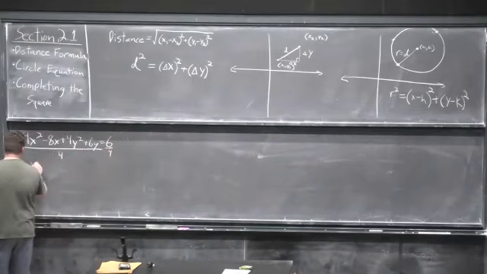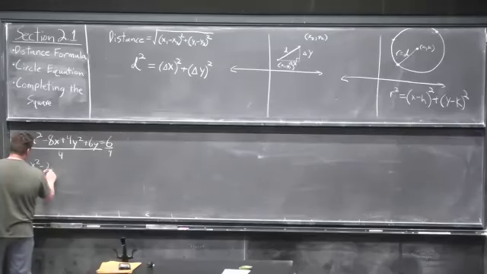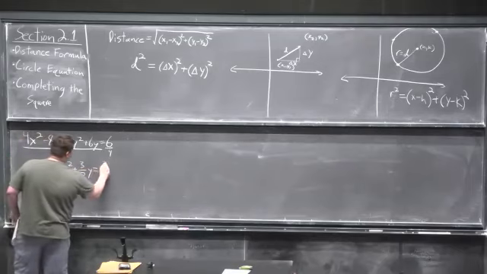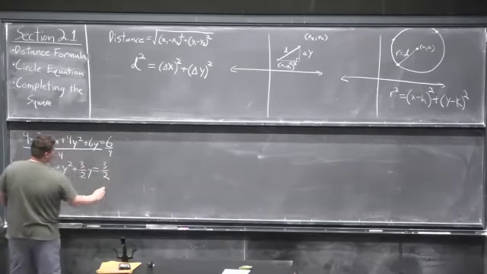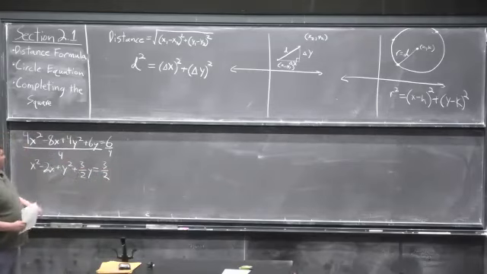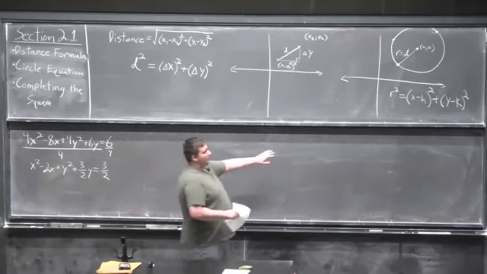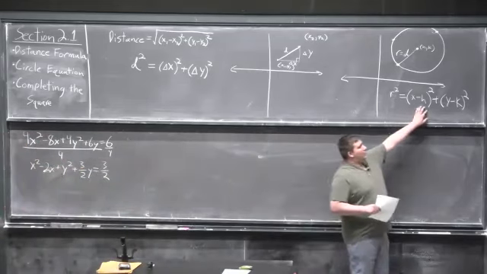And I get x squared minus 2x plus y squared plus 3 halves y is equal to 3 halves. Now, I can start to see, hey, it might look a little like this.